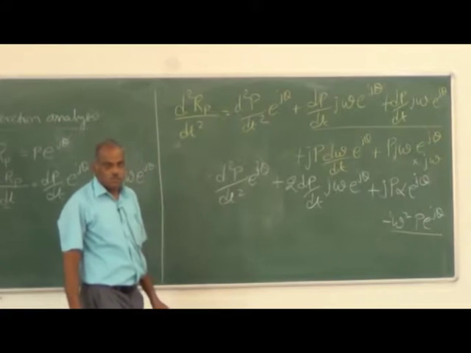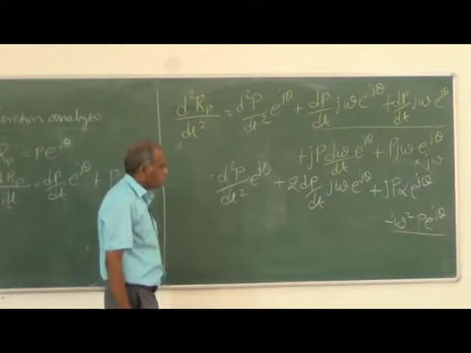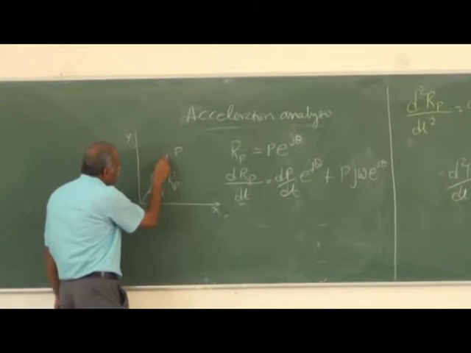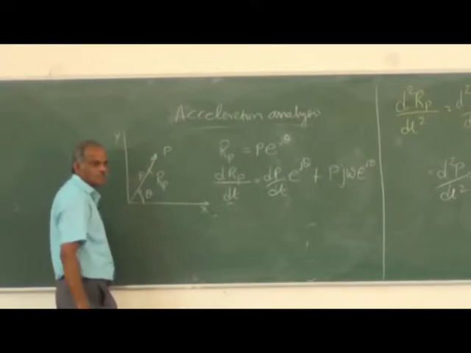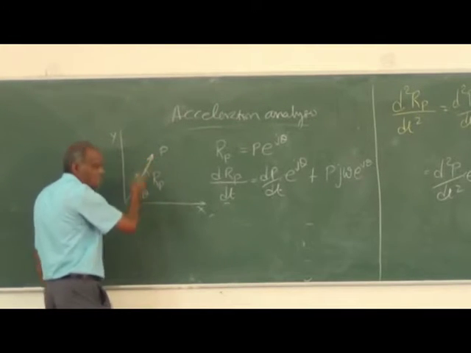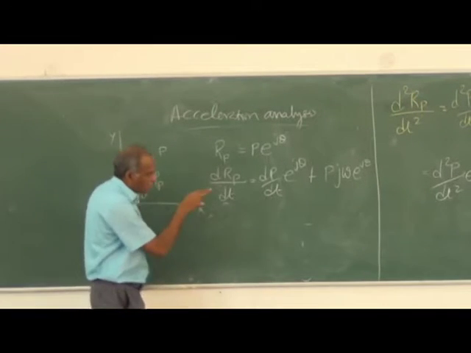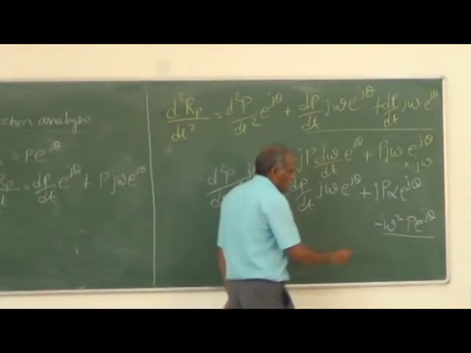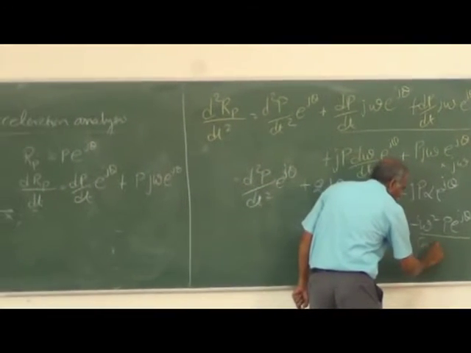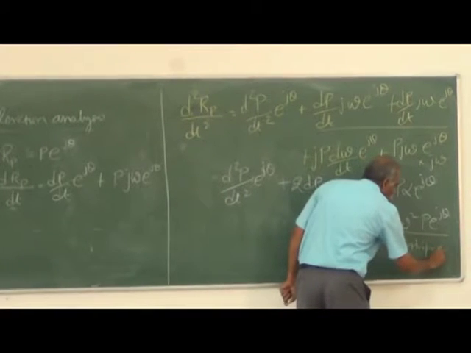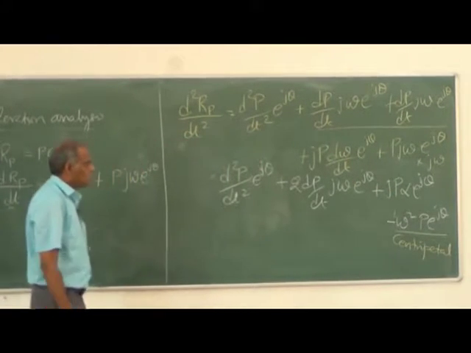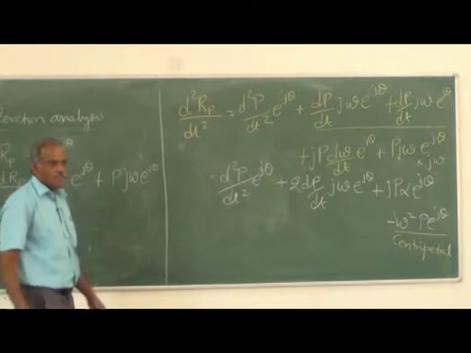Minus r omega square, the direction will be like this, because this is the positive direction and this is in the negative direction, towards the center. The magnitude is given by omega square times rp. So this is nothing but your centripetal acceleration.